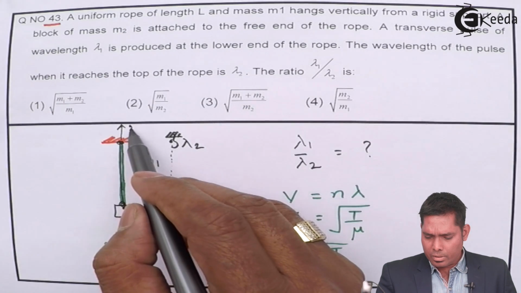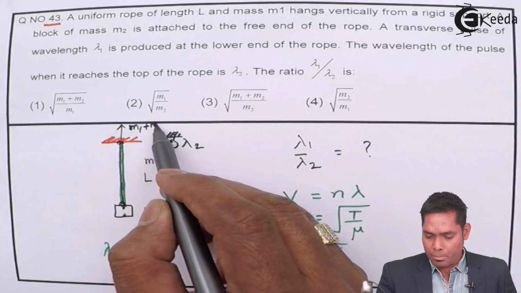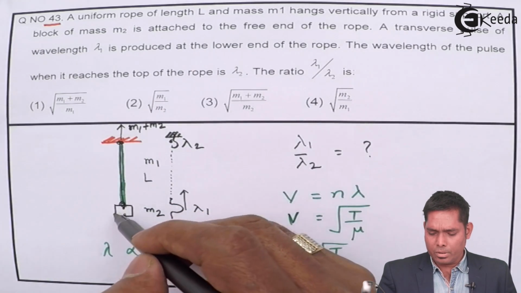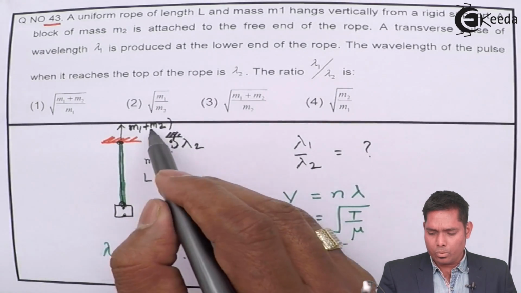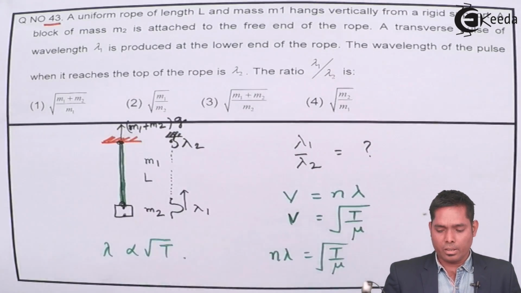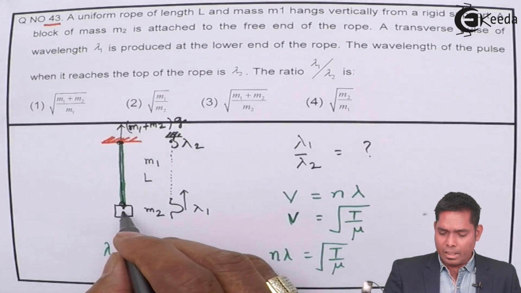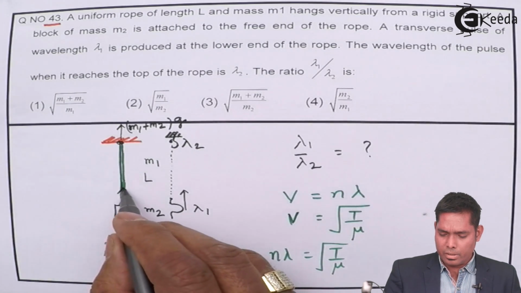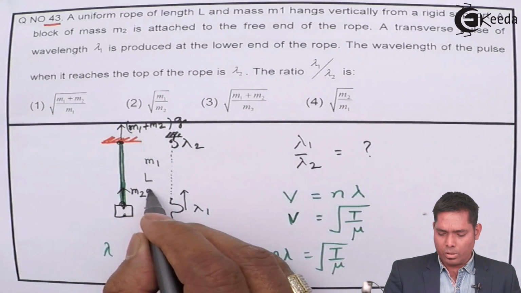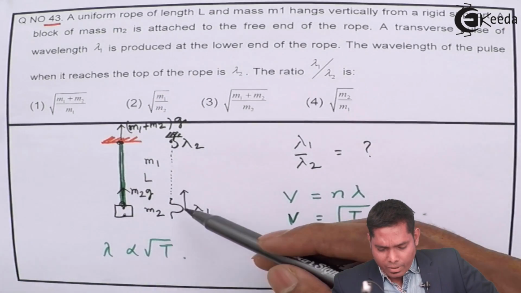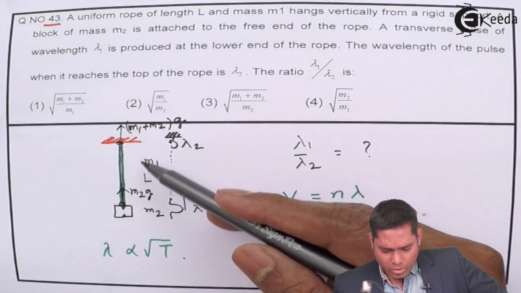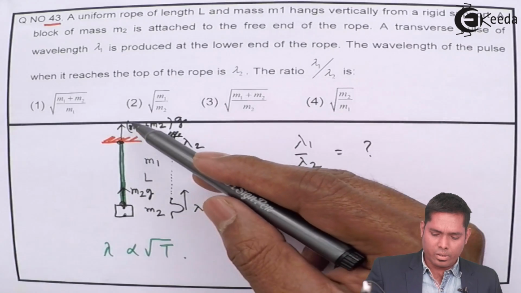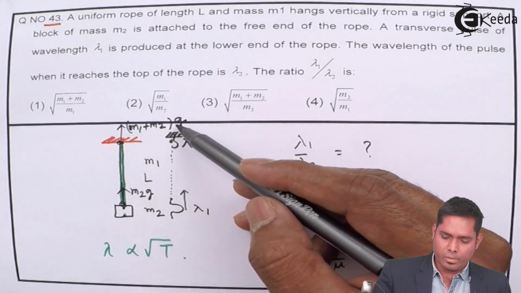The mass lying below this point is the mass of the rope and the block, so the tension is m1 plus m2 into g. At the lower end, the tension is only due to the mass lying below it, that is m2g. So the wavelength ratio is proportional to the square root of the tension ratio.